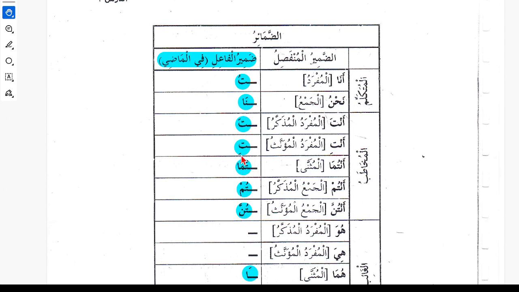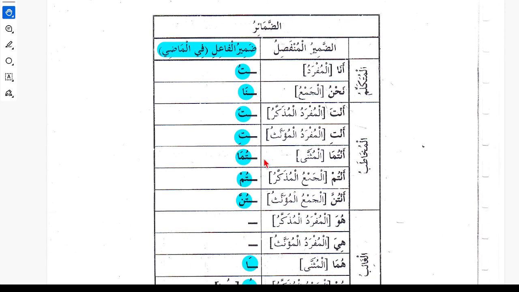Antuma, the pronoun is tuma, means you both entered, musanna. This is the pronoun for the dual. So tuma is the pronoun that is used in the verb.